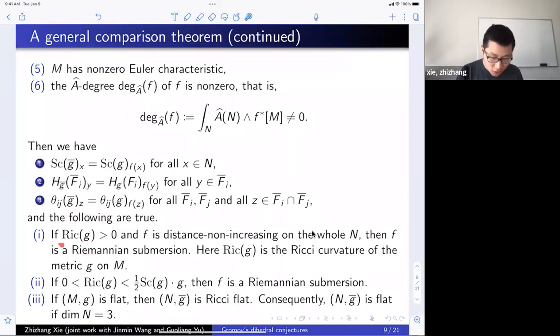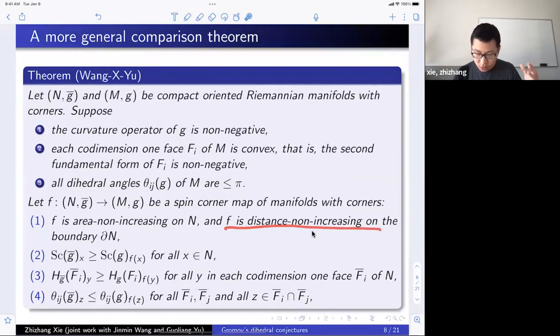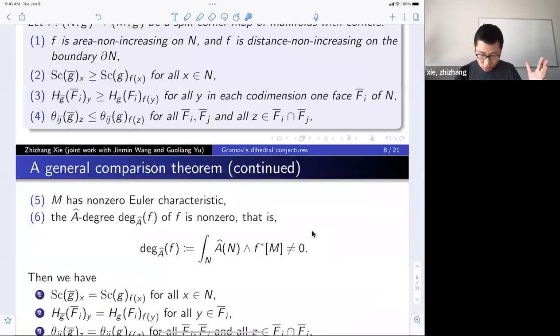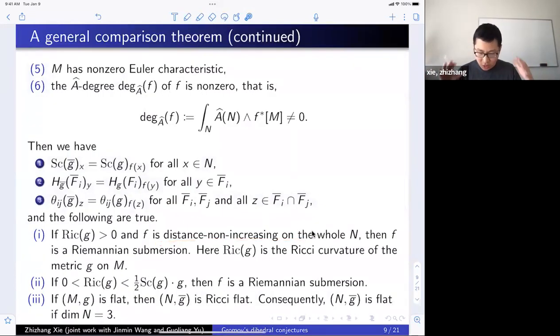So this is saying, if the Ricci curvature is positive and f is assumed to be distance decreasing on the entire N. Originally, remember, we only assumed it to be distance non-decreasing on the boundary. So if you assume something slightly stronger, that it's distance decreasing on the whole thing, then f has to be a Riemannian submersion. Especially when the dimensions are the same, then this has to be a Riemannian isometry.